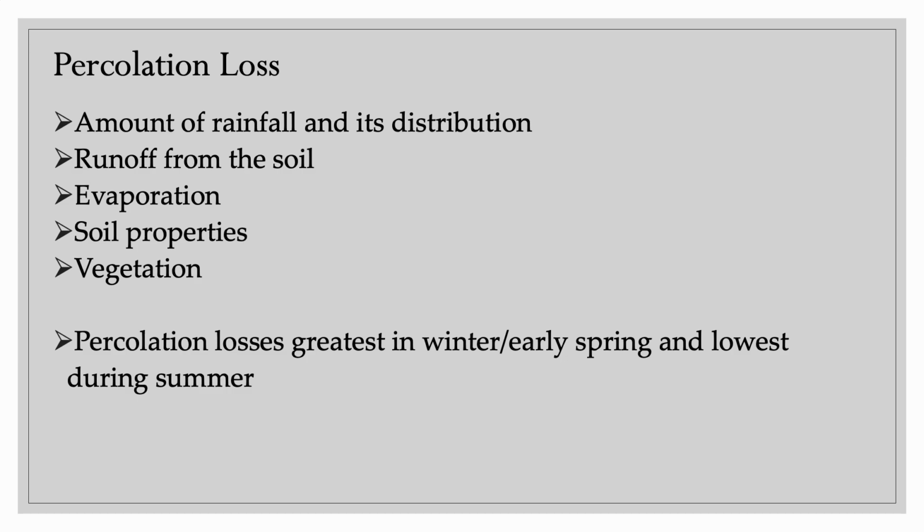Ultimately that's because the atmosphere is warmer and it can hold more water. So this also goes to some meteorology: when the atmosphere is cold, it cannot hold as much water, so it has to drop it as rainfall.